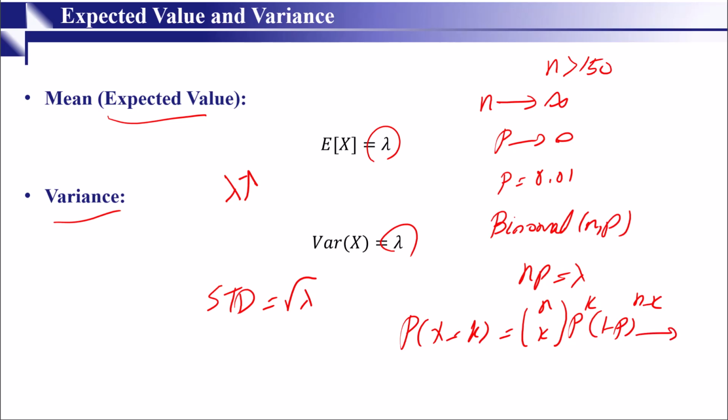This is the same as lambda to the power of k, e to the power of minus lambda, divided by k factorial. This makes it useful for rare events over many trials.